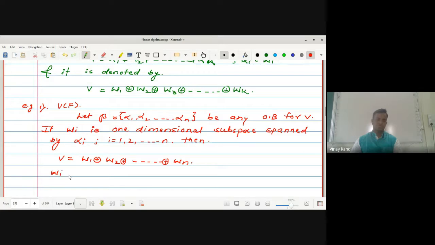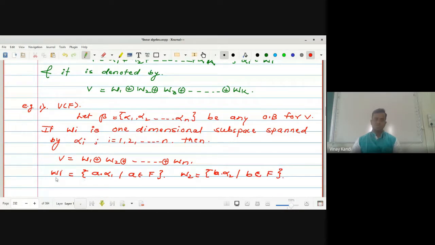Suppose i equals 1, then W1 is the one dimensional subspace spanned by alpha 1, that is A times alpha 1, where A belongs to F. What is W2? W2 is B times alpha 2, where B belongs to F. Is it correct?